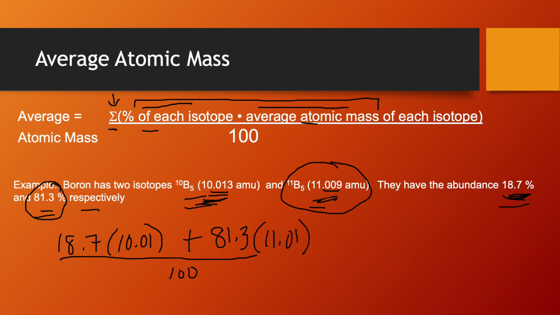So when you punch this in on your calculator, the 18.7 times the 10.01, that's going to give us 187.187 plus the 81.3 times 11.01. Do not do any rounding along the way. You must keep all numbers that are in your calculator, and you do the rounding at the very last step.